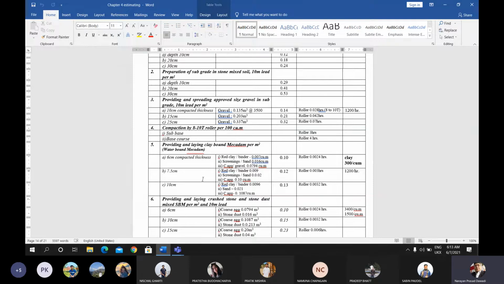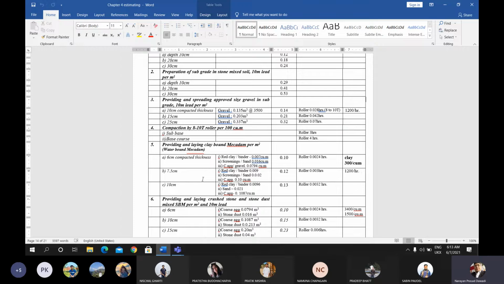So the portion of the voids present in the gravel is filled up by some screening material, sand, and the remaining small portion of these voids is again filled up by the red clay, and compaction is done.